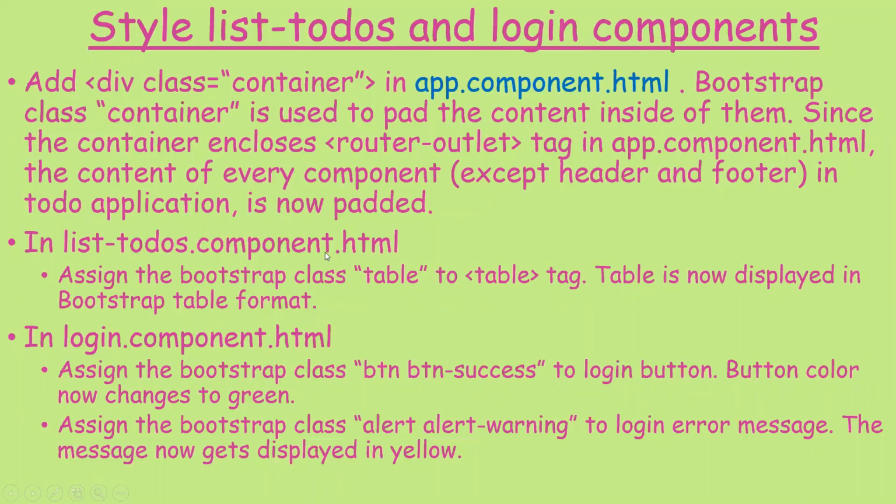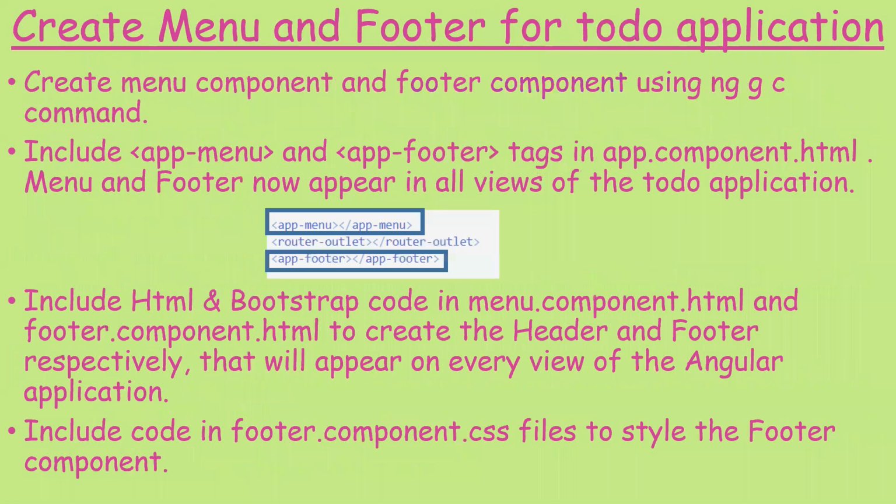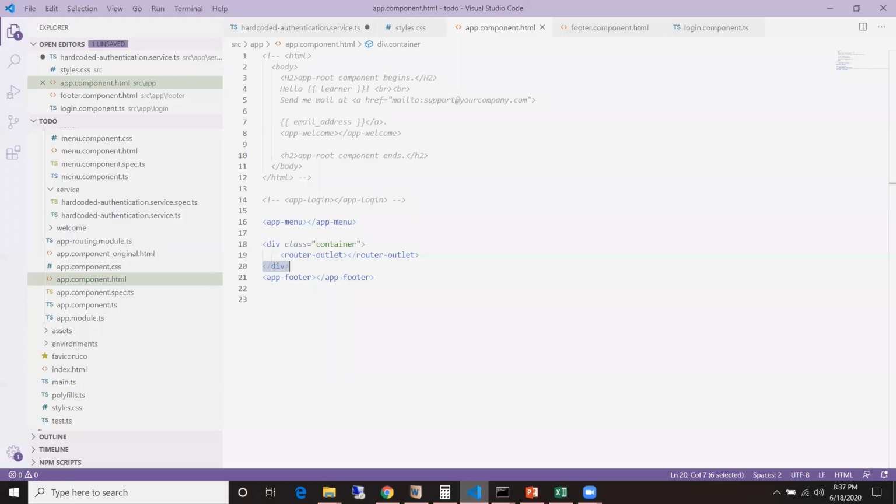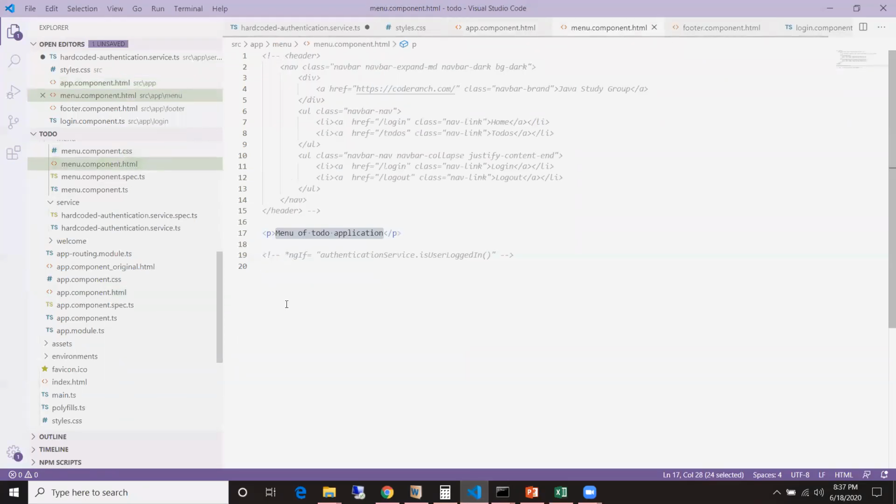So in list to-dos component.html, we want to include more HTML and Bootstrap code into the menu and the footer. So we want the menu to contain items like login, home, to-dos, etc. So let me open menu component.html.